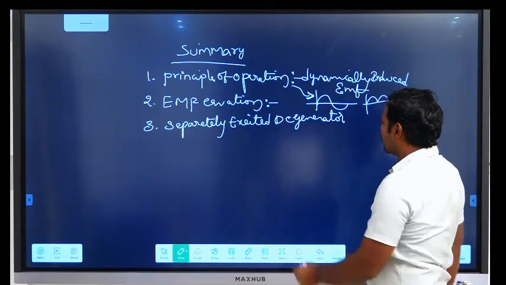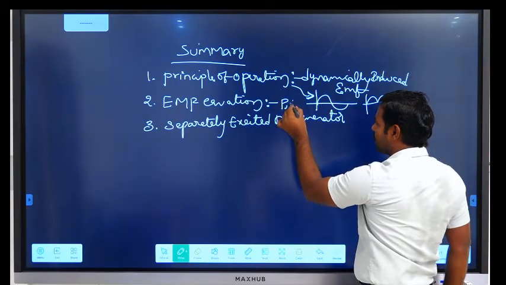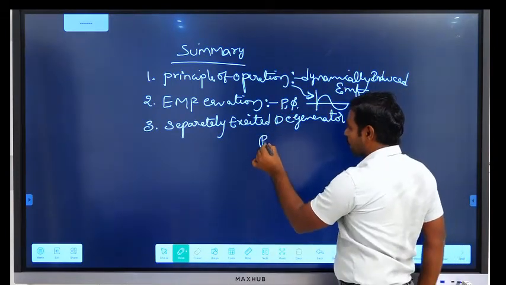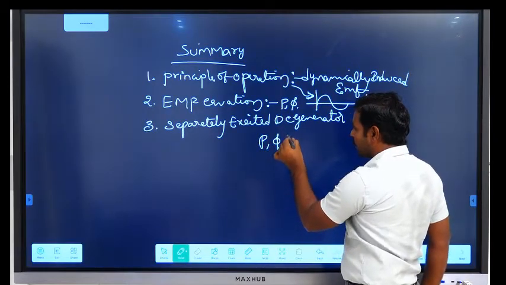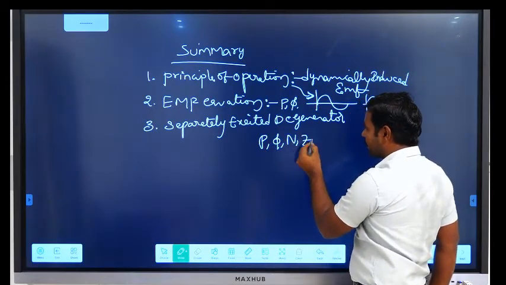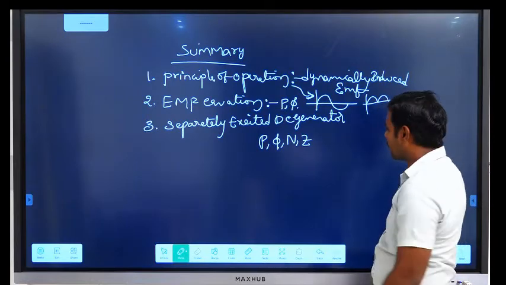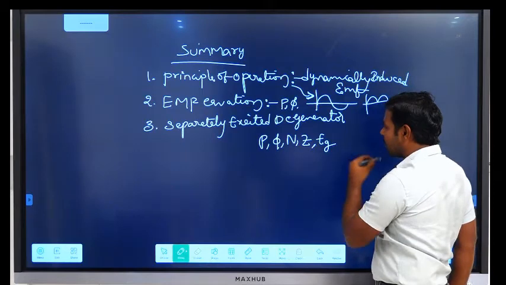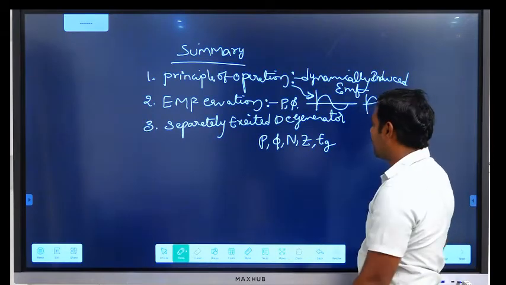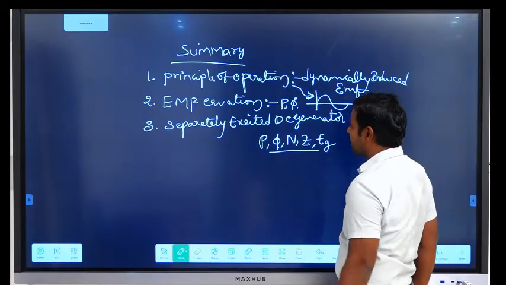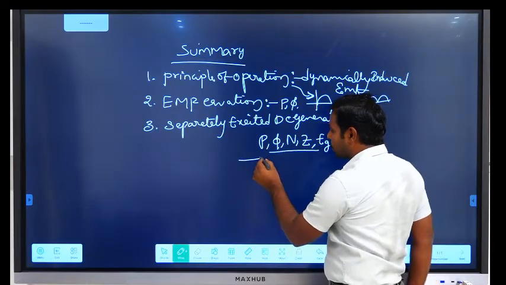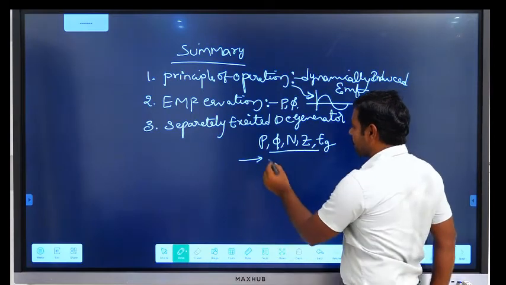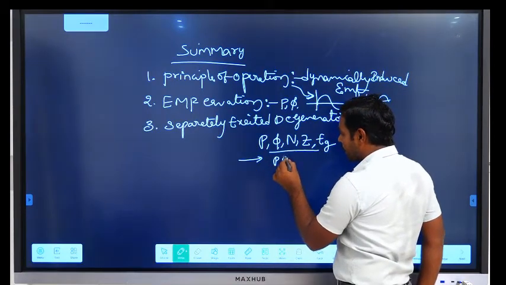Second one is the EMF equation of a DC generator. We have the number of poles of the machine, flux per pole, speed in RPM, total number of conductors, and finally Eg is equal to the generated EMF. In these notations, we calculate two parameters. After completion of one rotation, flux per conductor is equal to P into phi.